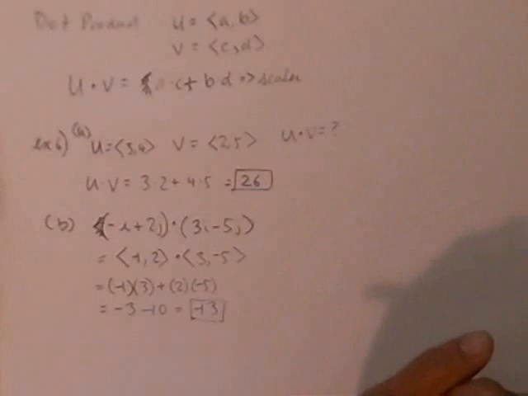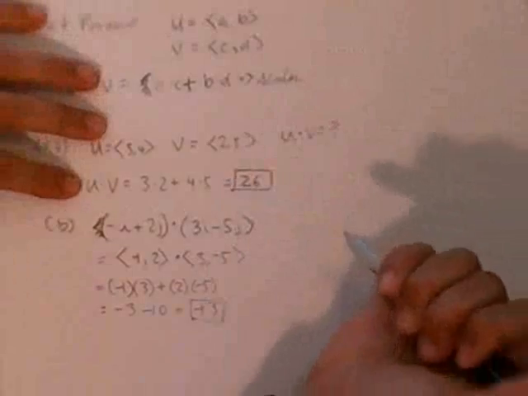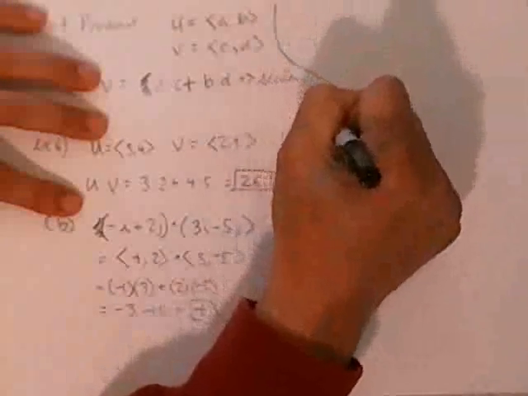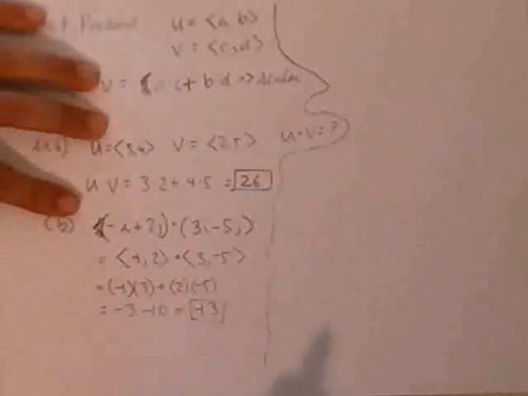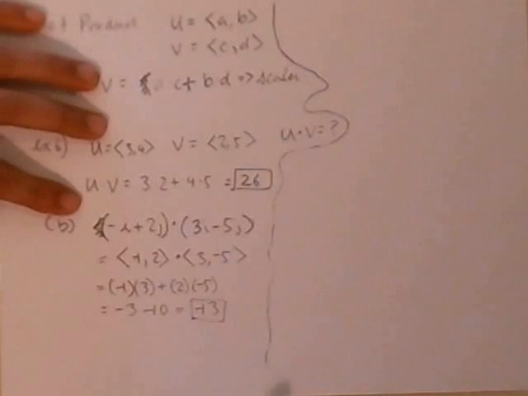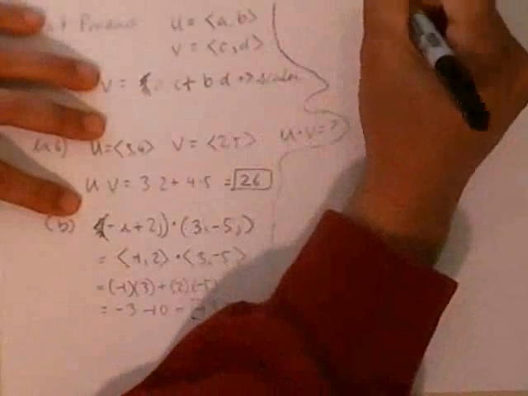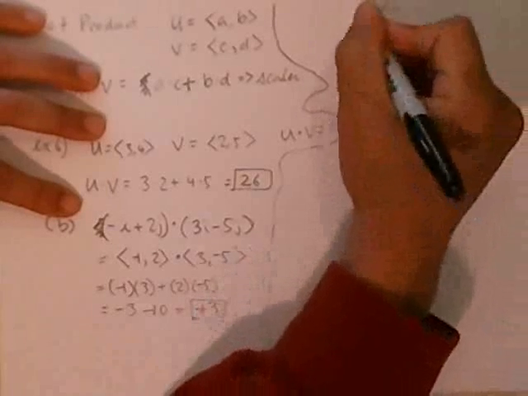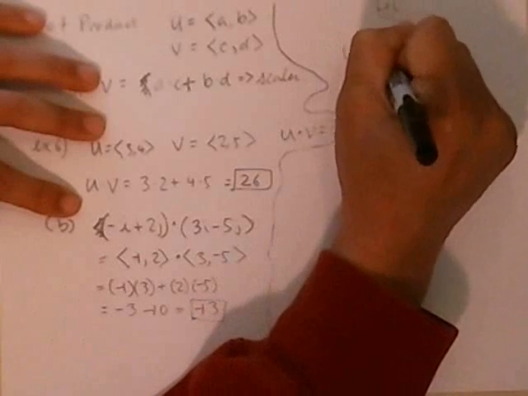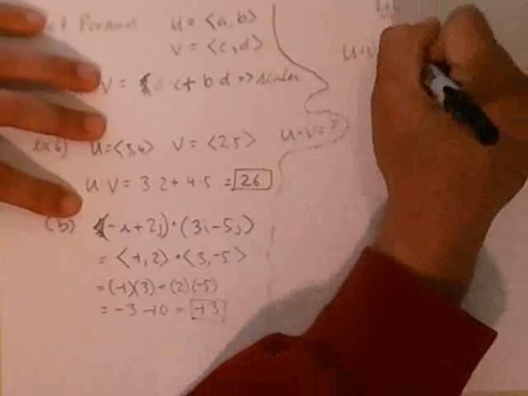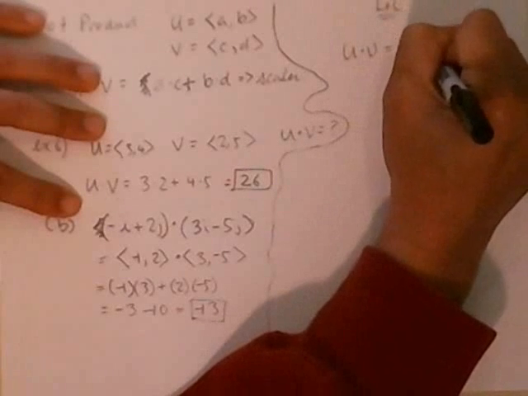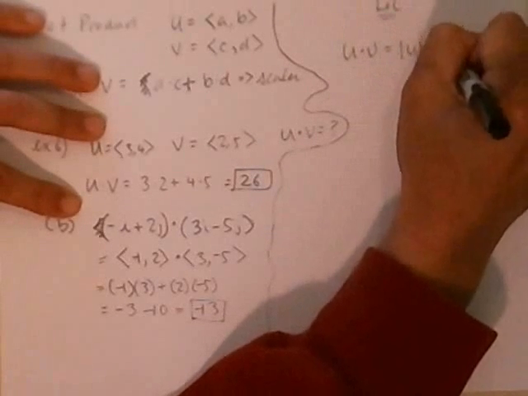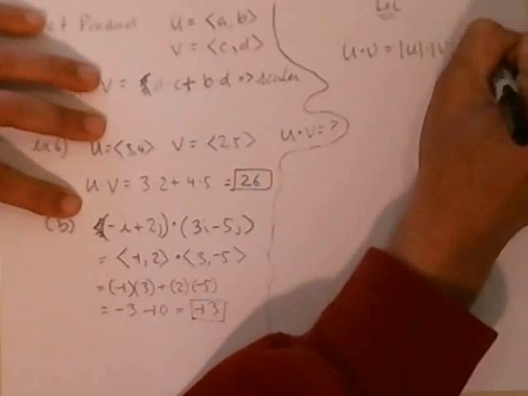So when do we use the dot product? Well, obviously we did these examples for the dot product to use it somewhere. And there's a theorem using the law of cosines. U dot V is equal to the magnitude of U times the magnitude of V times the cosine of the angle between.